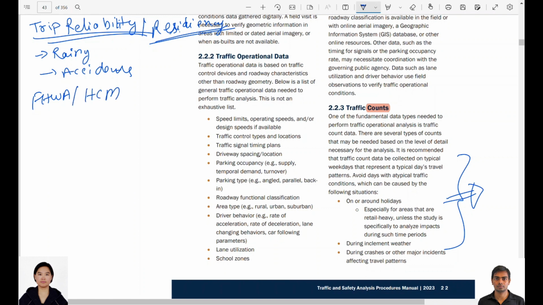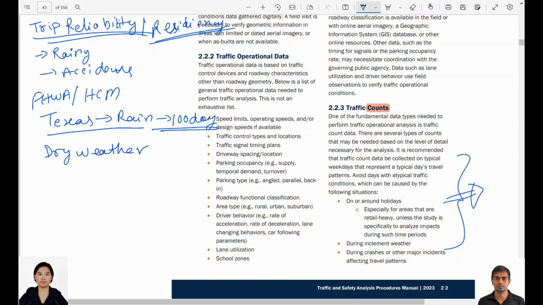Now, for example, let's say Texas, or some part of Texas, receives rain for 100 days of a year. Then we cannot design a roadway for dry weather, because for the majority of the year it is raining. So I disagree with this classification, which has been our typical approach on the majority of projects.